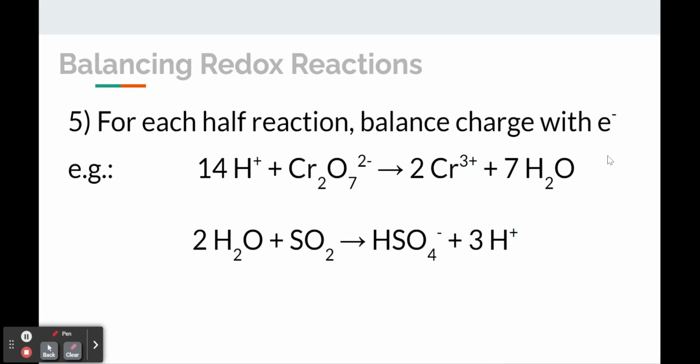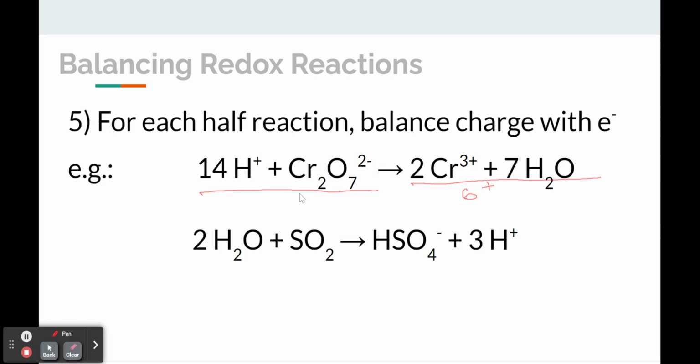So what we're going to do now is balance charge by adding electrons to the appropriate side. Let's take a look at the total electron count here. On the right-hand side, I have 2 Cr3+. So the total charge here is 6+. It's not really electron count, I'm just looking at charge. On the left-hand side, I have 14+ in my 14 H+, and I have 2- from my dichromate ion.